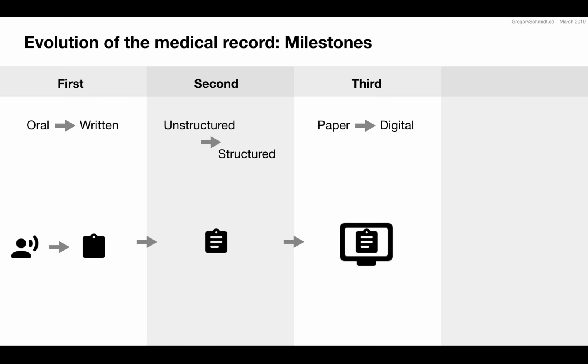But the problem was that when the medical record went from paper to digital, in many cases, all that happened was a replication of the paper chart on the computer screen. It had the same tabs and dividers, and in many respects, the reason that this user interface was chosen was just the limitations of computer user interface software available at the time.